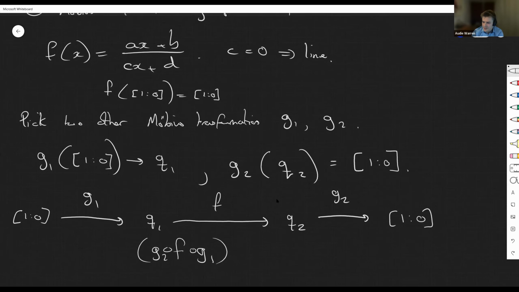And it also fixes the point at infinity, which is what we've just shown. So we've got a Möbius transform which fixes the point at infinity. What does this mean? That means it's a line. So this is the important thing here: this composition is a line.